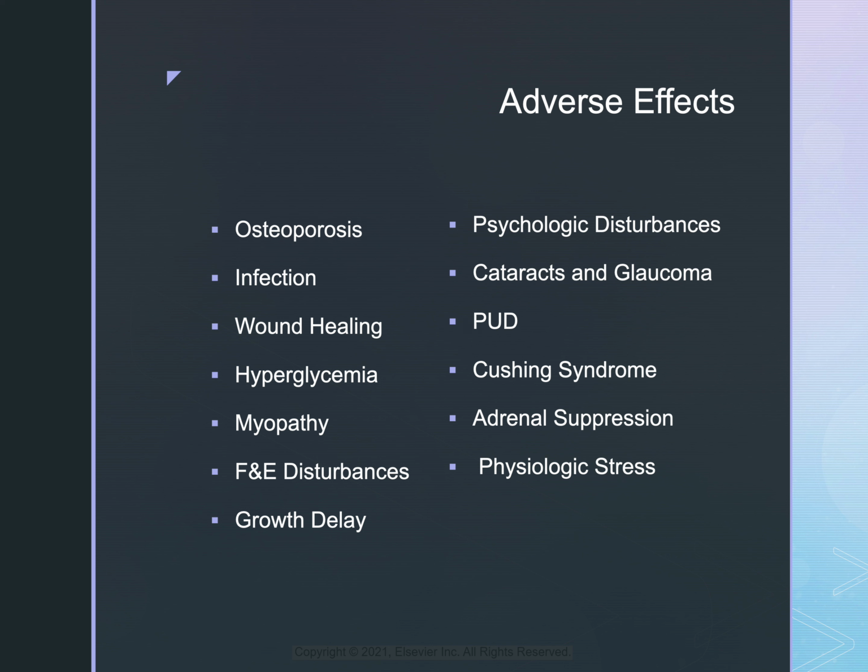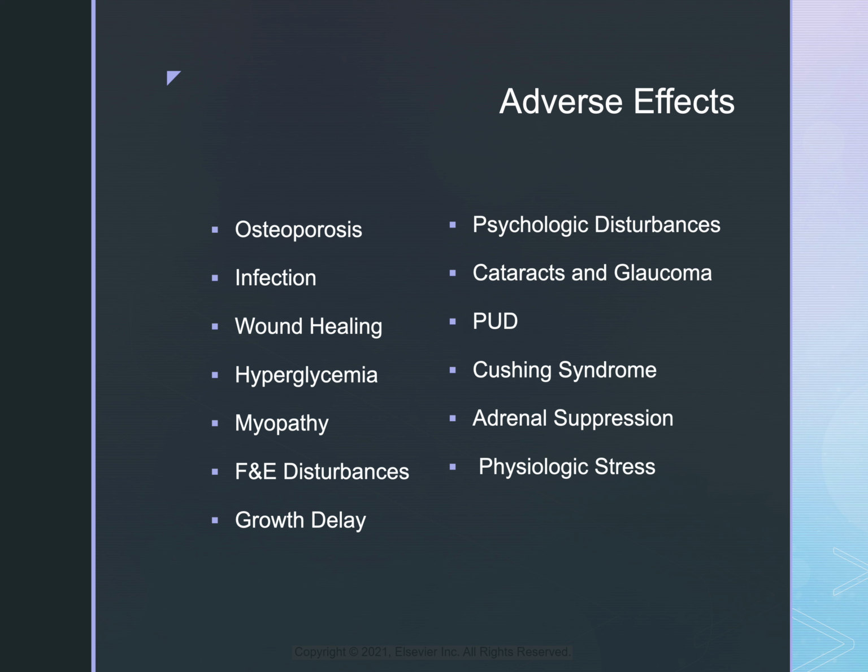Now think about why adrenal suppression is a problem. In relation to physiologic stress, we know that adrenal suppression is going to intensify the danger of physiologic stress on our body, even when we have glucocorticoid therapy.